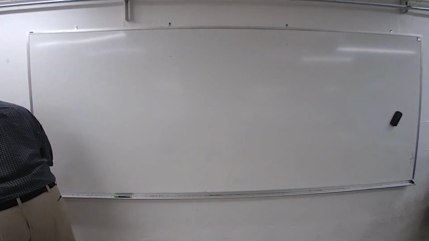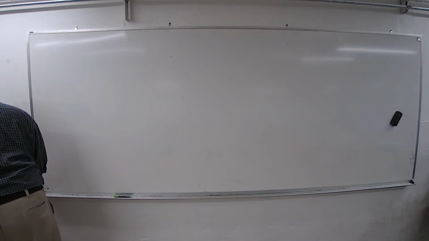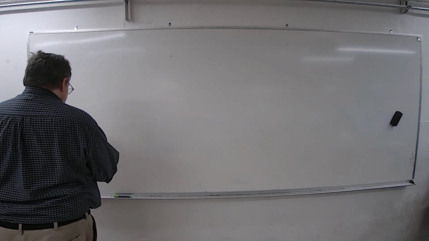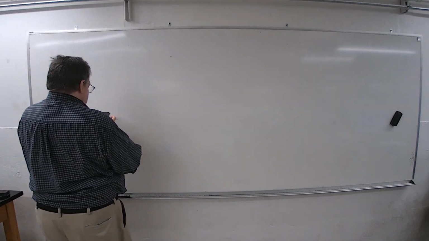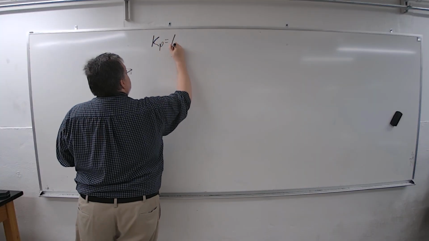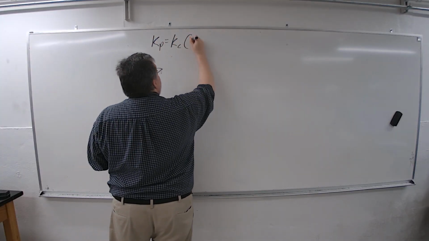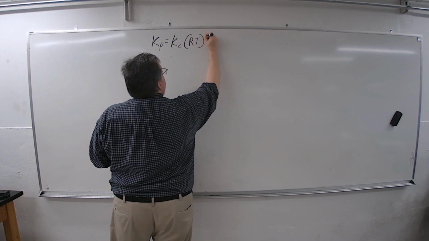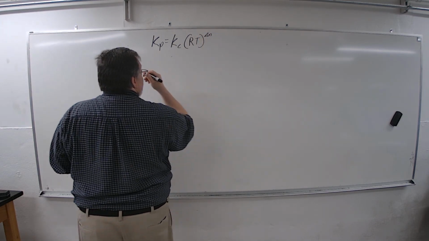I don't mind giving you this formula on the test. The formula is Kp equals Kc times RT to the delta n. I'll give you R too.